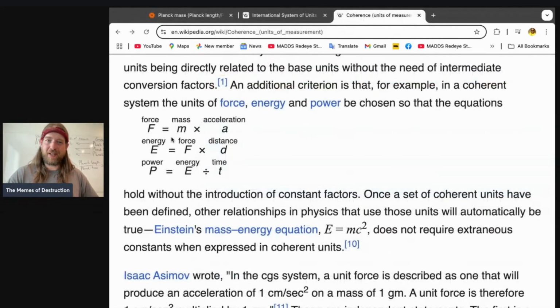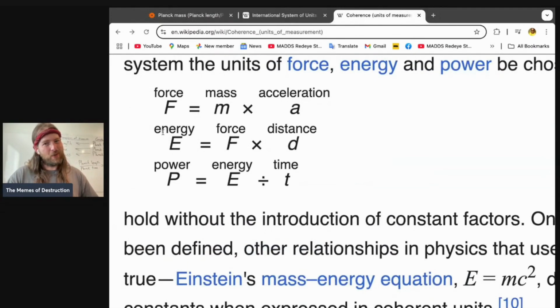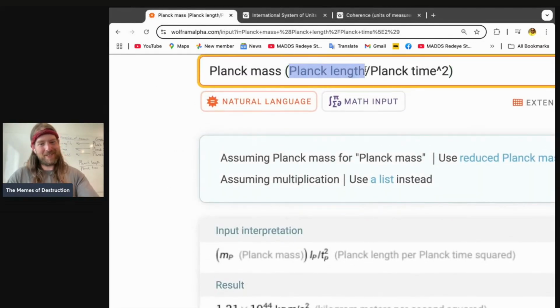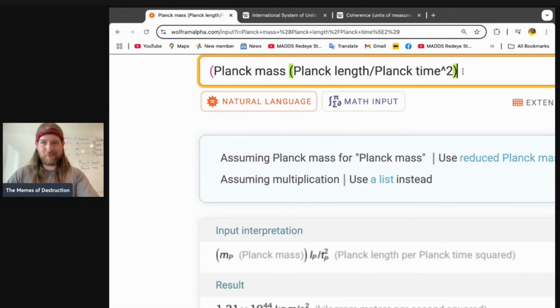Okay. So the other thing that we need is energy. So that's force times distance. So if distance, that means we need a length. We'll throw some protective brackets over there. Now we're going to multiply it by distance.